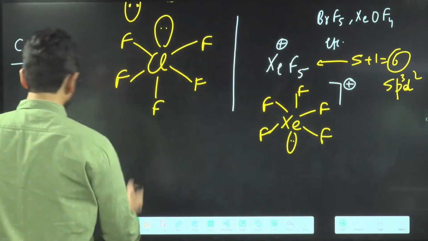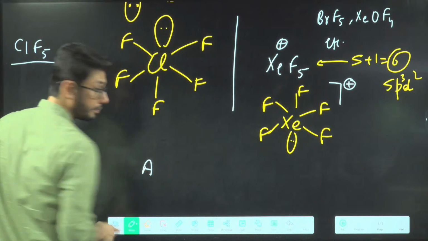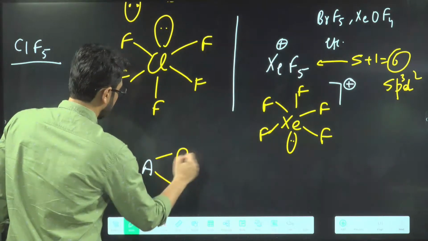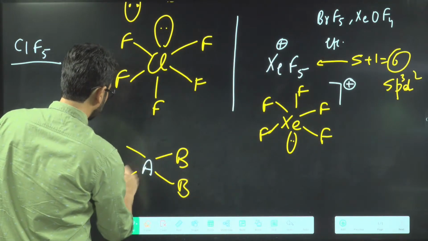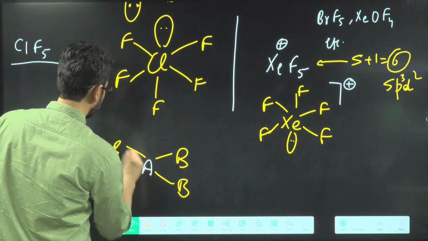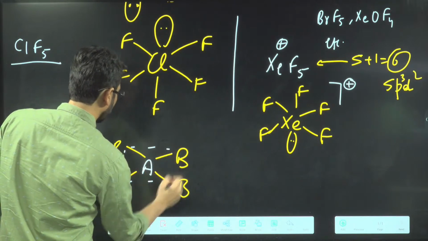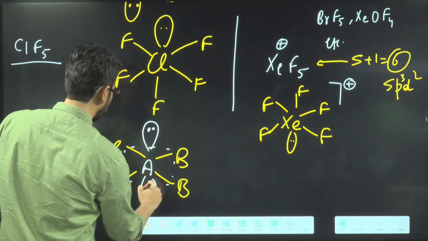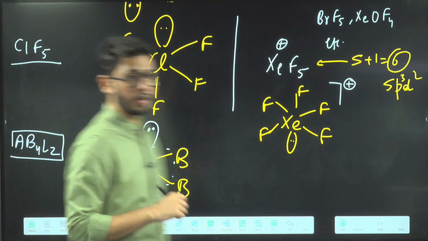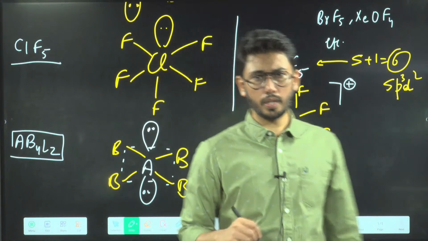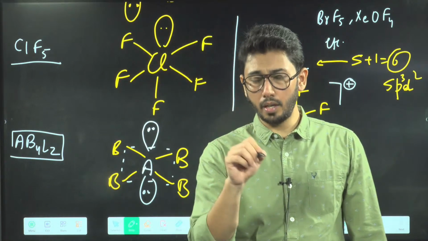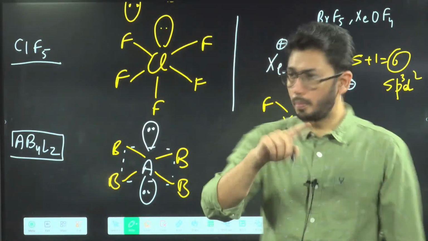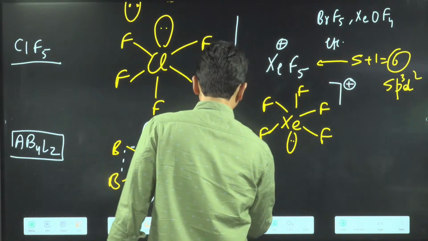So now, keeping this in mind, central atom A with 4 bond pairs, all written in the same plane with A. This is AB4. How many lone pairs? 2. One above the plane, one below the plane. So electronic geometry will be octahedral, but shape or geometry will be square planar.